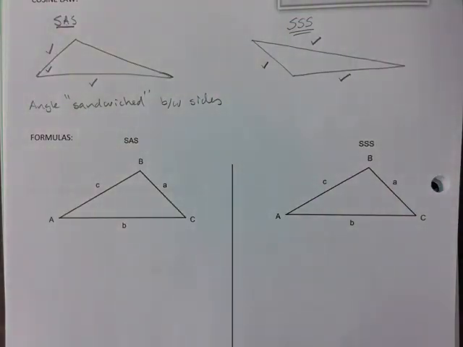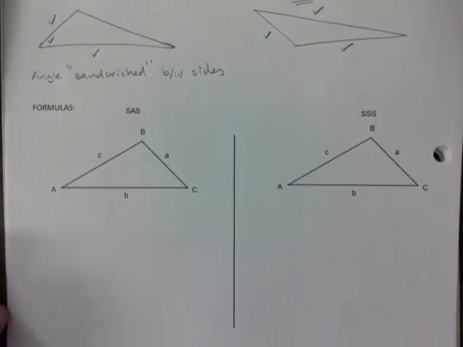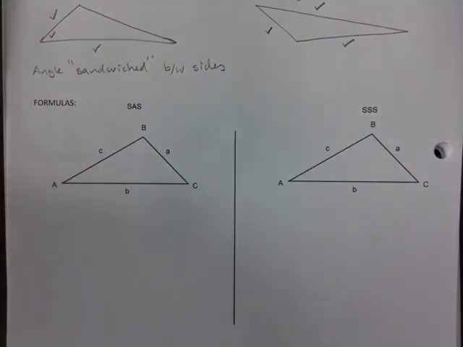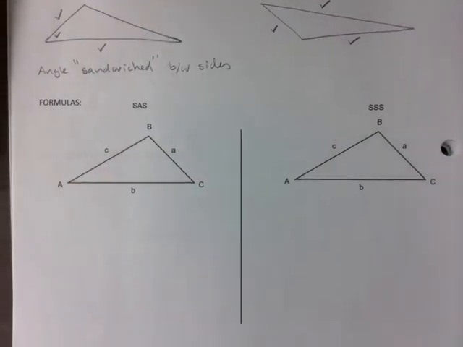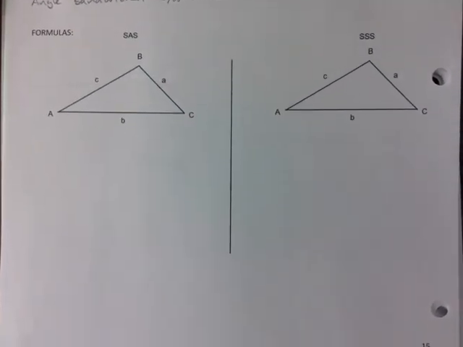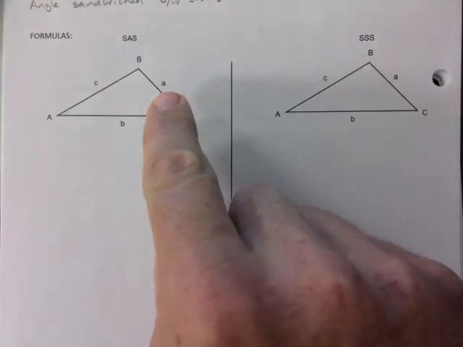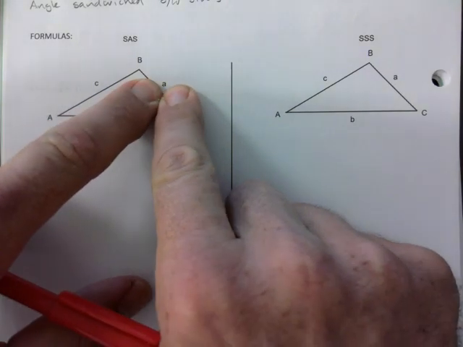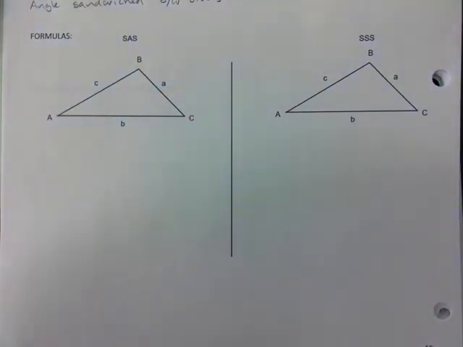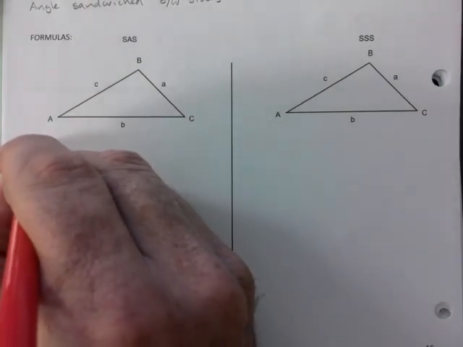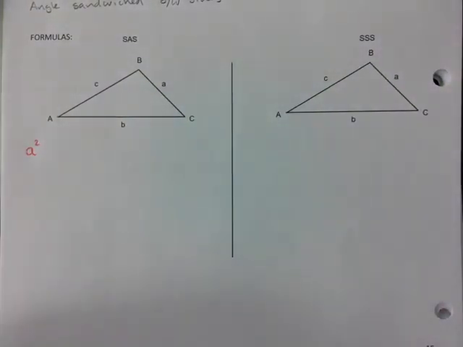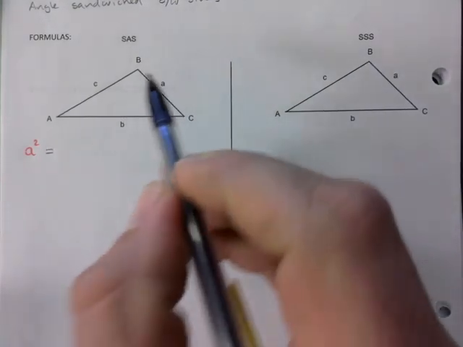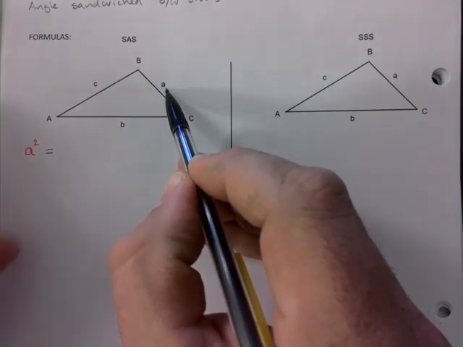Okay. So here it goes. If you have a side angle side scenario as described here, then both of these triangles are identical, by the way. But here it goes, okay? If you wanted to solve for A, by the way, if this is the only angle given, then the only side you can solve for is that one there. You would start it like this. You would say, okay, A squared is equal to, so you want to know that one.